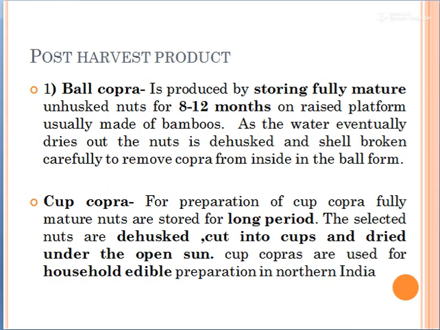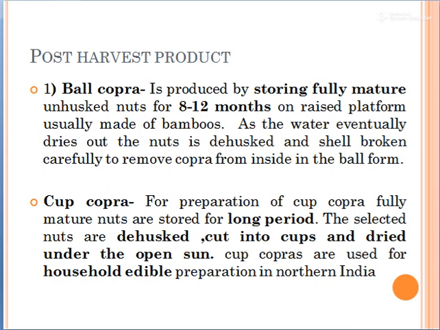Then the second one is cup copra. For the preparation of cup copra, fully mature nuts are stored for a long period, and cup copra is mostly used for household edible preparation in North India. The selected nuts are dehusked, cut into cups, and dried under the open sun.